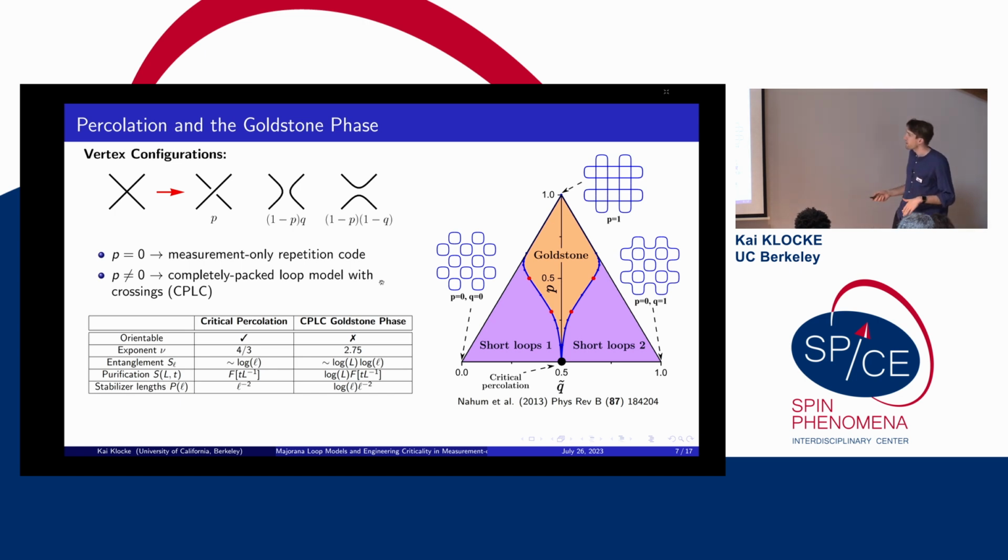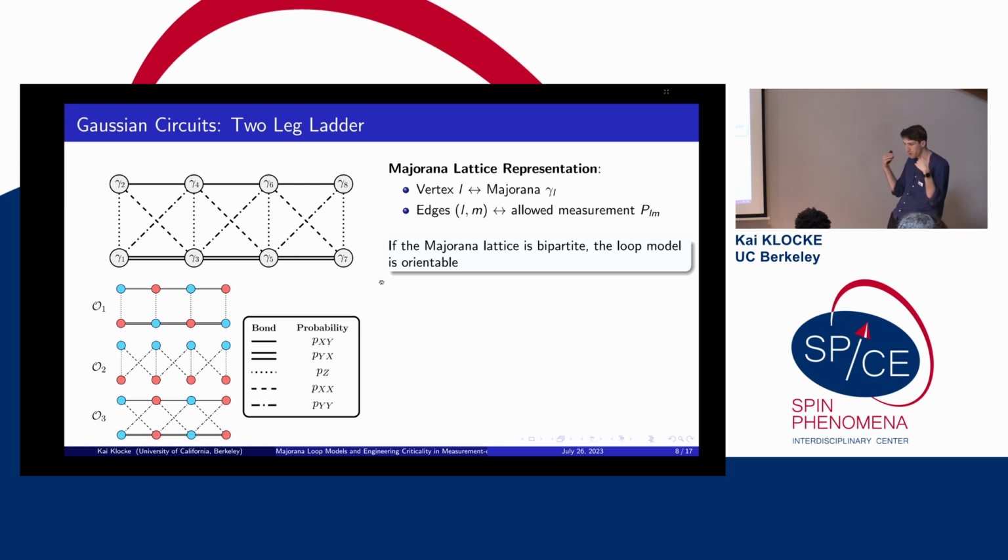But now the question is, can we take this and get some intuition about the case where it's really measurement only? And a useful tool when you're doing measurement only is this notion of a Majorana lattice representation. So suppose I take a 1D chain and I just rearrange things to look like this two-leg ladder. Each node here is a Majorana and edges are some allowed type of measurement.